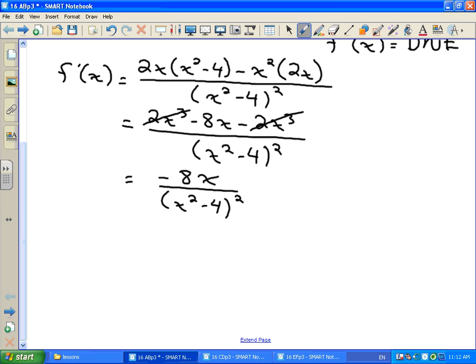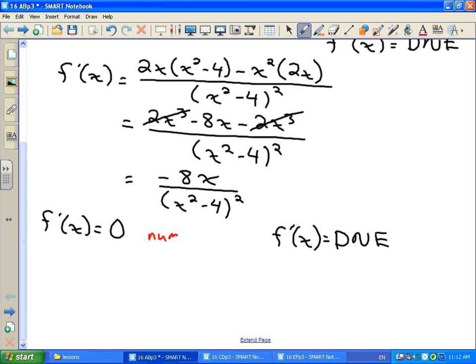So to find our critical numbers, we're interested in where our derivative equals 0 and where our derivative does not exist. If we're looking for where the derivative equals 0, we're interested in where the numerator is equal to 0.